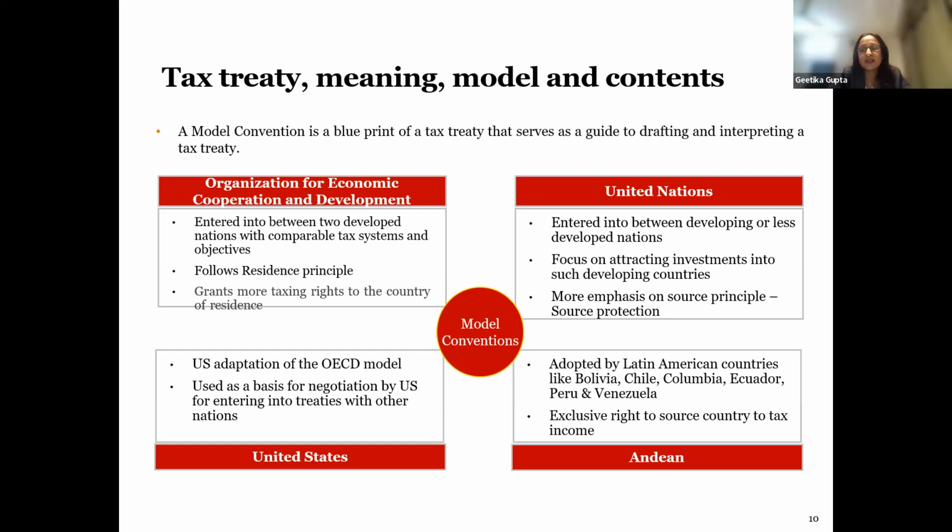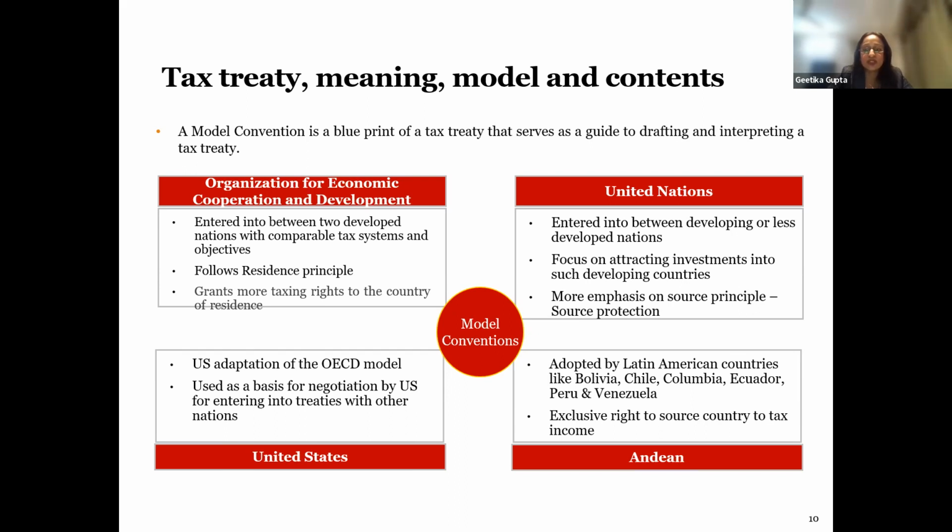So there are different models which have been developed over a period of time on which the tax treaties are drafted and negotiated between the two nations. These models assist in maintaining uniformity in the format of the tax treaties. These models also serve as a checklist for ensuring exhaustiveness of provisions for the two negotiating countries.